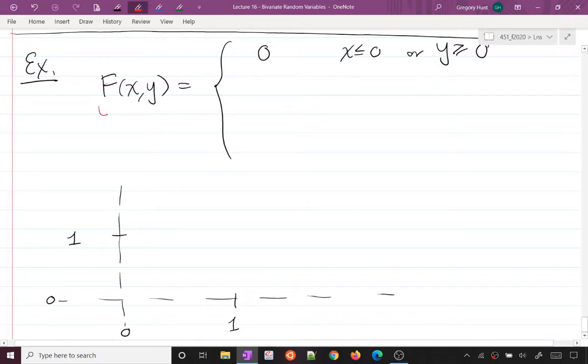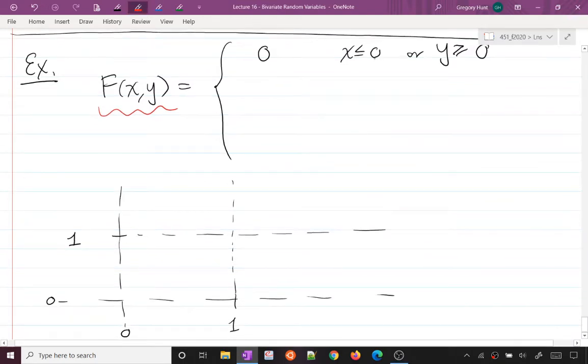And I'm going to write the value of this joint CDF in red. Let's denote some more boundaries here.